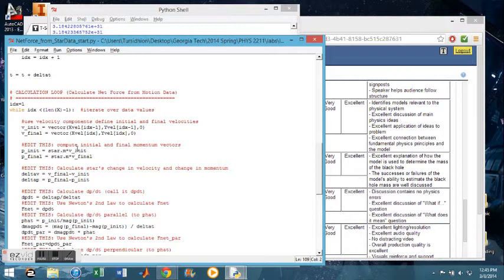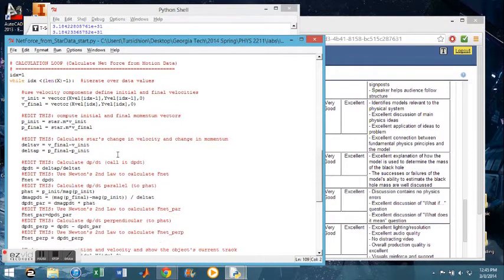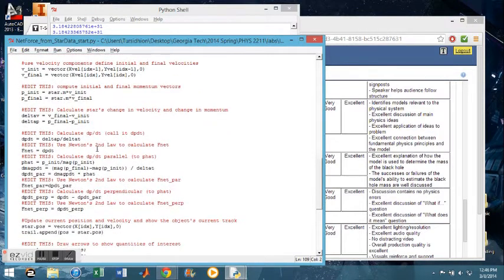We are then multiplying these velocities, initial and final, by the star's mass to get momentum, initial and final. We can then use these to find the change in velocity and momentum.